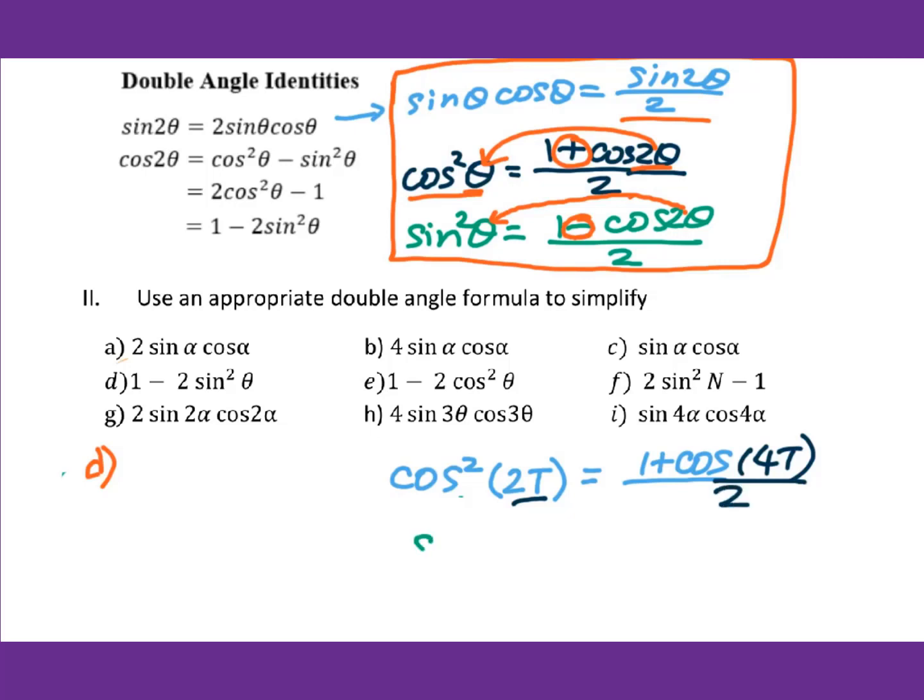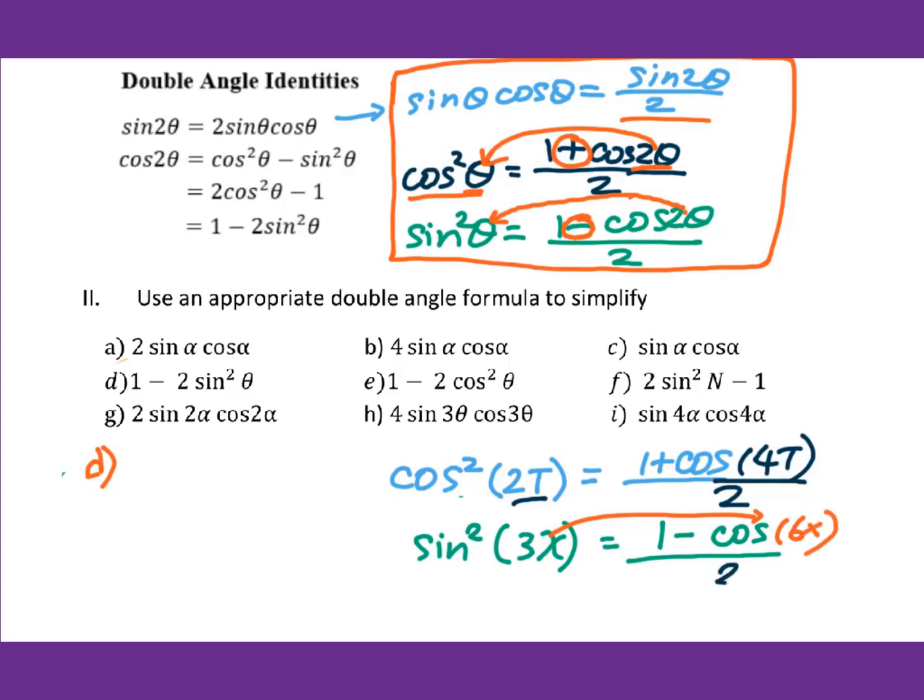If I have a sine square 3x, that means you have 1 minus, because sine square, that's 1 minus cosine. Double this angle. You will get the 6x over 2. That's how to apply this formula.